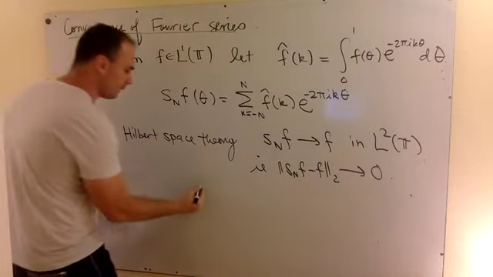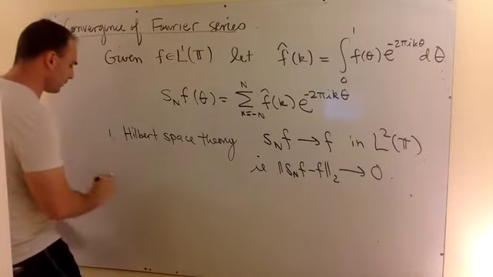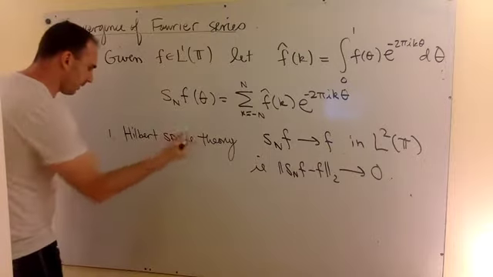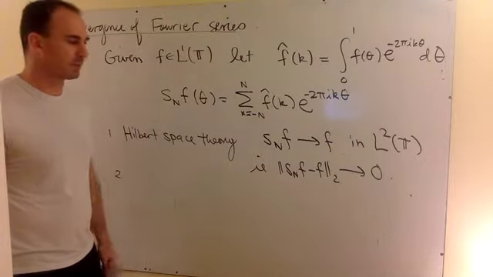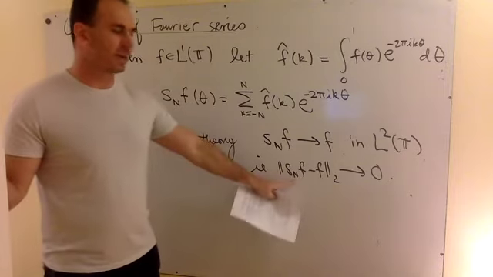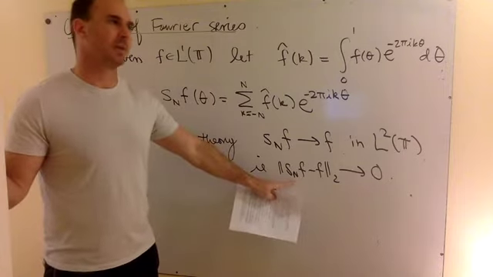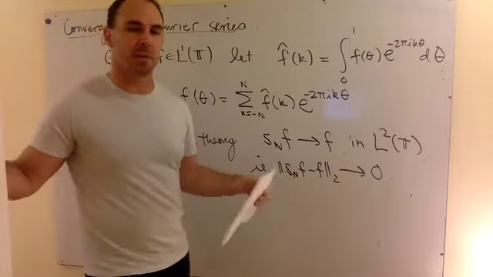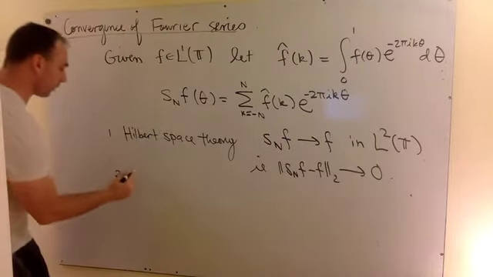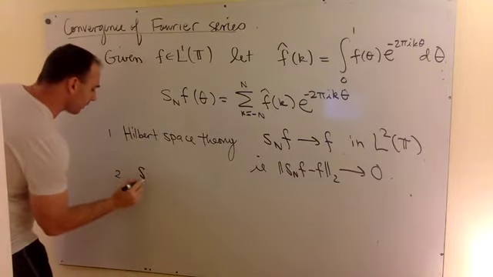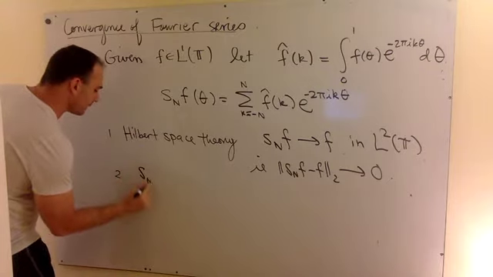Well, like I said, this is Hilbert space. This is a result that obviously we don't have time for, but if you get L2 convergence, you get what's called convergence in measure, and that implies that there exists a subsequence that converges almost everywhere.